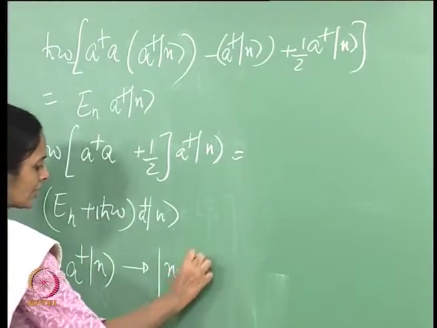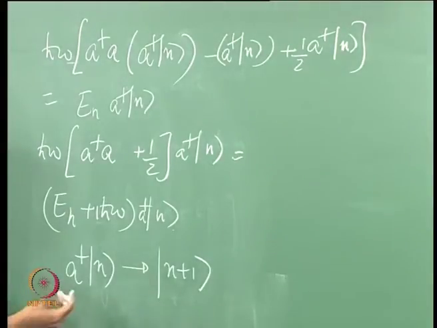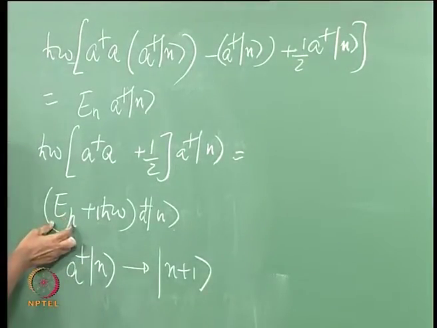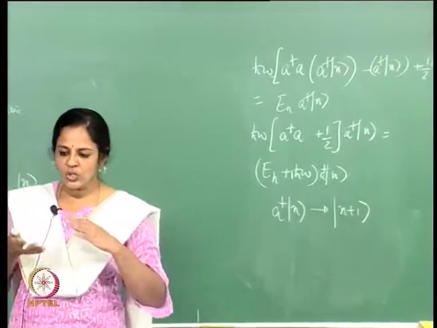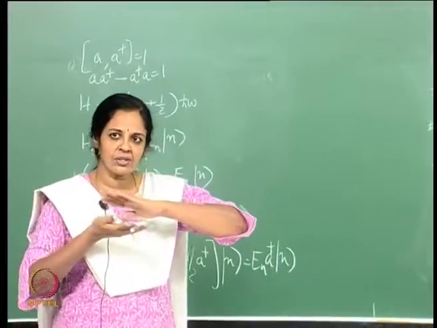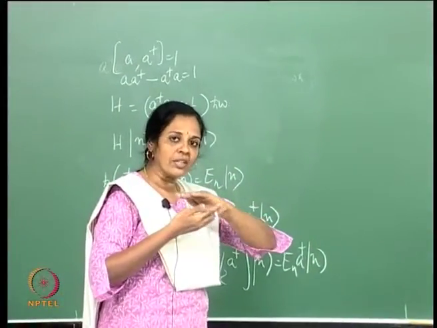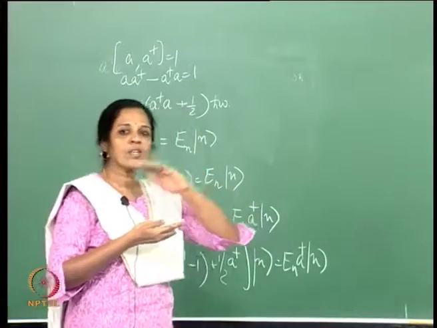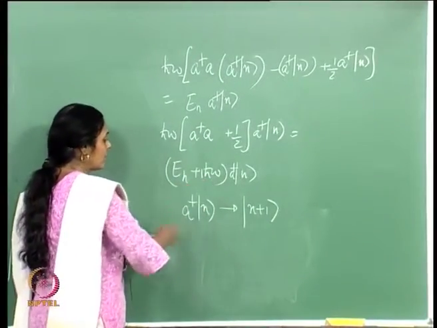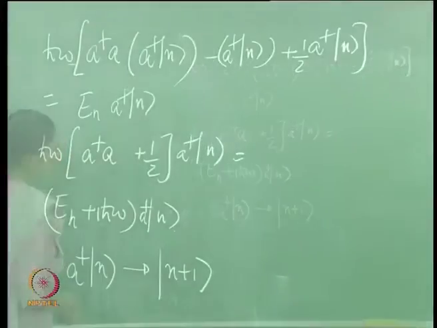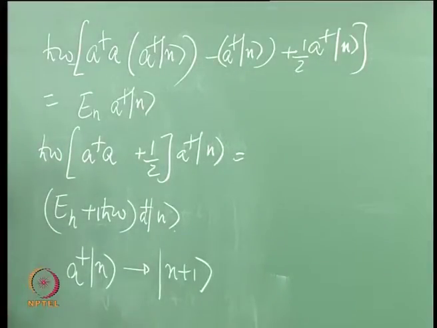So I would like to call that n plus 1 by way of notation, because to the original energy E sub n we have added an amount 1 h cross omega. So physically it looks like A dagger takes the system from a state of lower energy E sub n to a state of higher energy E sub n plus 1 h cross omega. This is the increase in the energy. So that is an excited state compared to the state with energy E sub n.